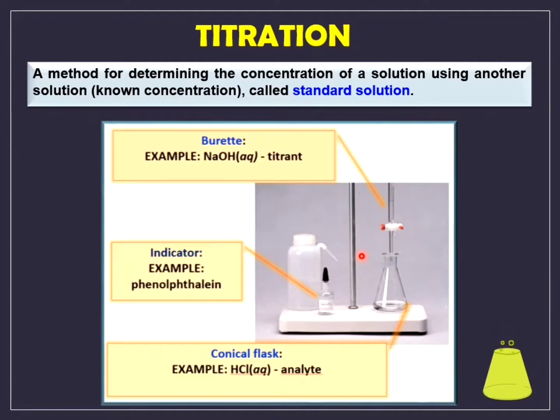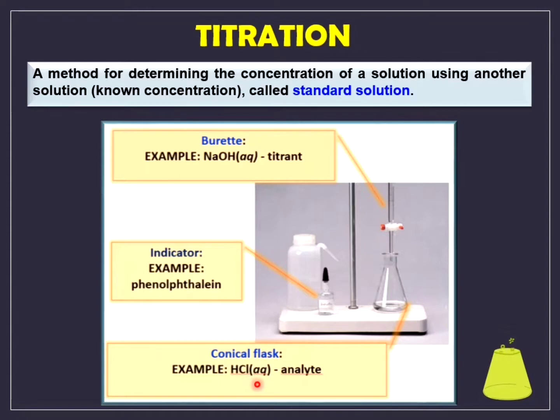In the burette here, for example, normally you fill in sodium hydroxide. The solution that we fill in the burette we call the titrant. And then we have the solution in the conical flask. Normally we fill in HCl atau acid.